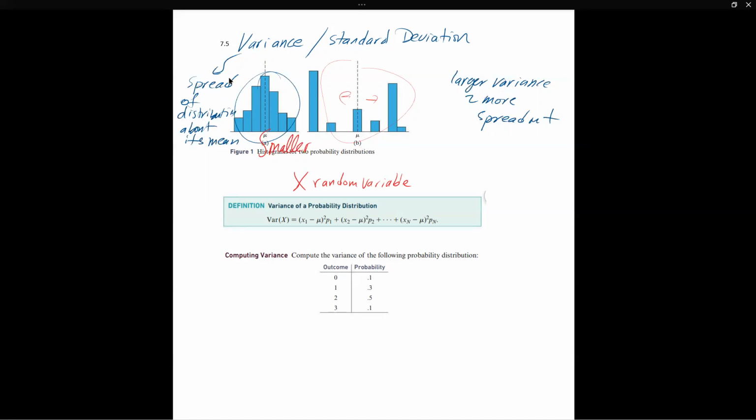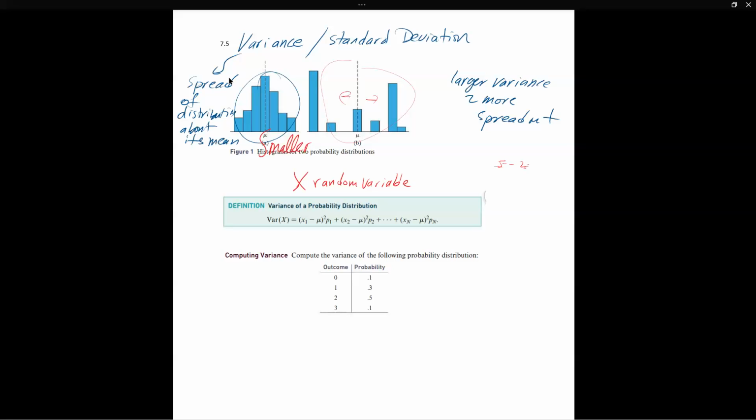Then the deviations of the outcomes from the mean are going to be that difference. If we just say the difference between 5 and 2, you're comparing, then you subtract.